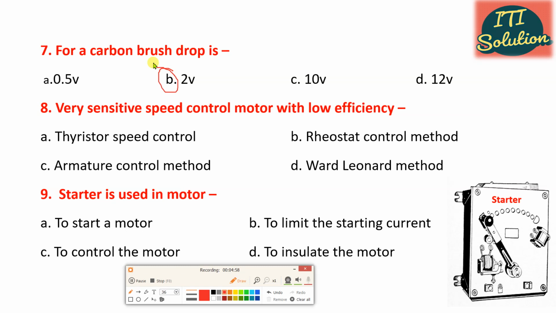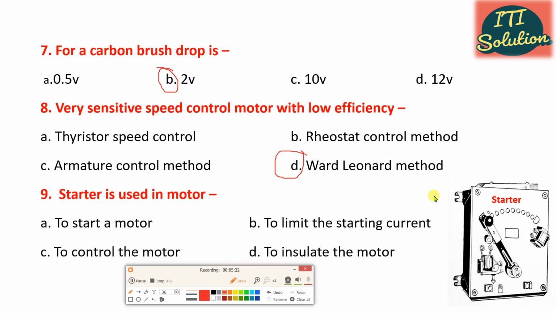Next question. Very sensitive speed control of a motor with low efficiency. Option A, thyristor speed control. Option B, rheostat control method. Option C, armature control method. And option D, Ward-Leonard method. The correct answer is option D, Ward-Leonard method. What is the Ward-Leonard method?